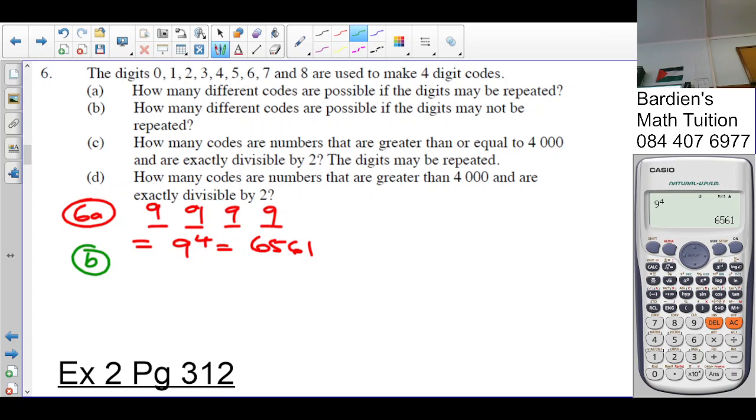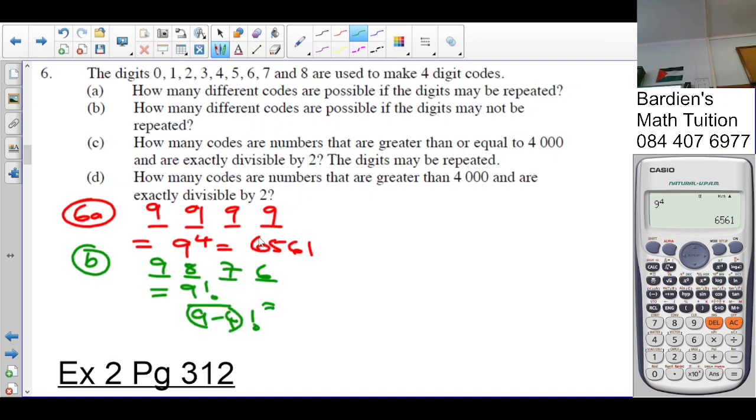How many different codes are possible if the digits may not be repeated? How many options do I have? 9. Then 8. Then 7. Then 6. Which is 9 factorial over 9 minus 4 factorial.